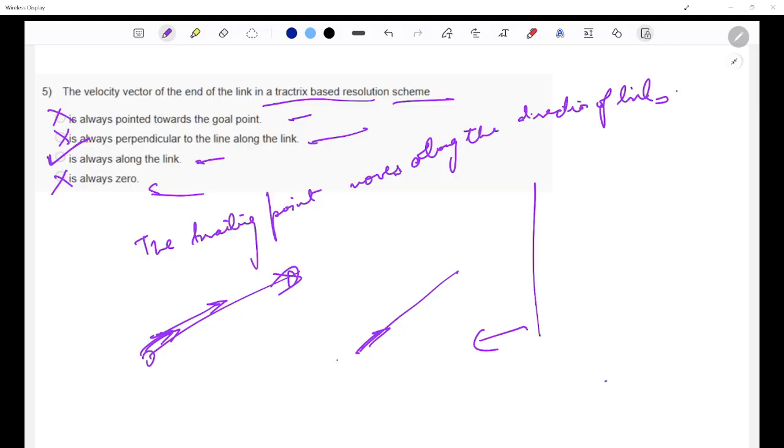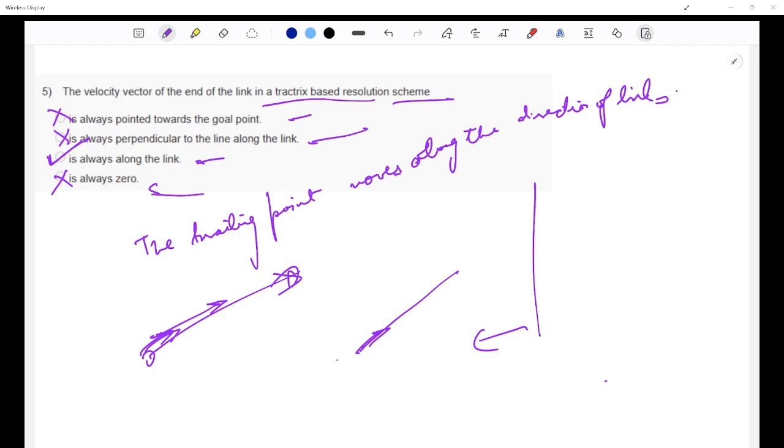Okay. So if you take a dog out for a walk on a leash, you walk forward holding the leash. The dog moves such that its velocity is along the leash. Right? The dog cannot move sideways relative to the leash. It moves along the leash direction.